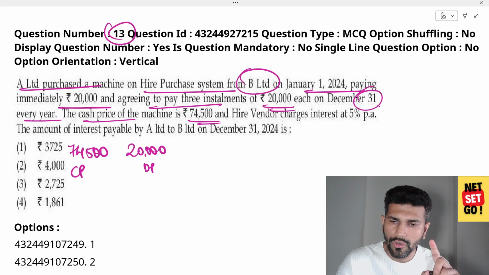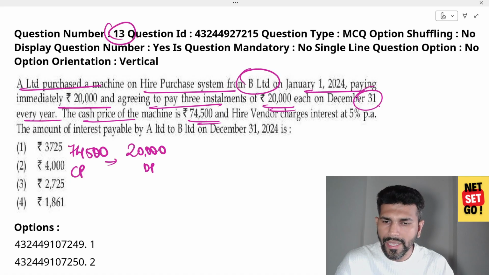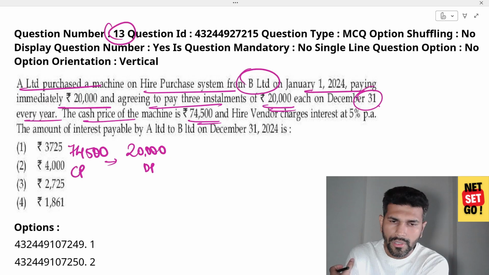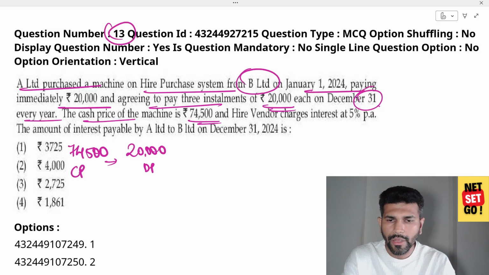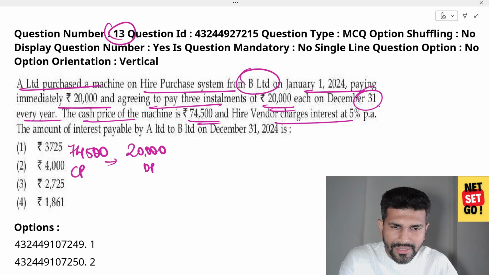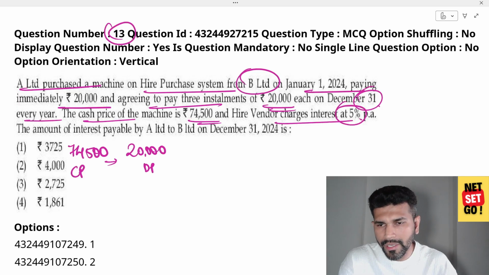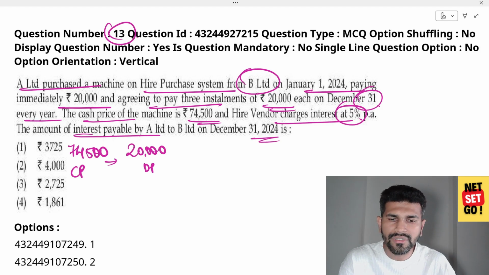Means if you want to purchase in 74,500, you can pay full amount in cash and take over the product. And hire vendor charges interest at the rate 5% per annum. The amount of interest payable by A to B on 31st December 2024 is dash.